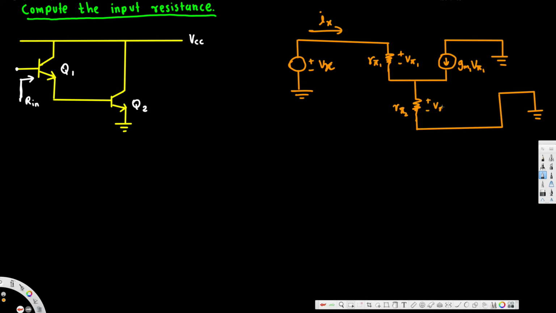The voltage across that is V52, and the current source here is GM2 V52. Okay, now that's it for this. This is the resistance.